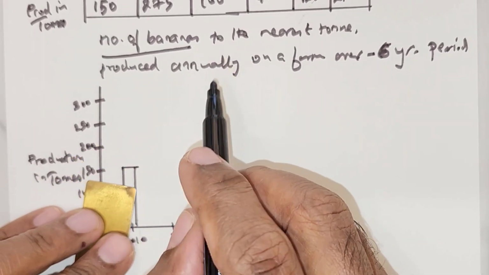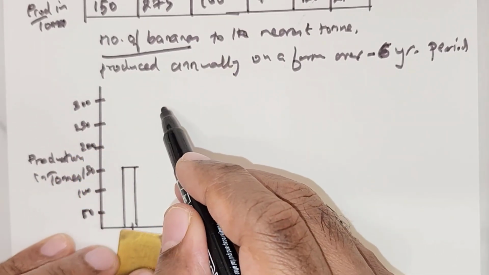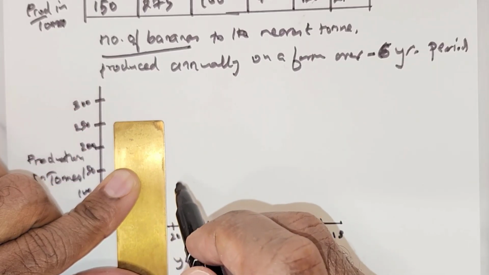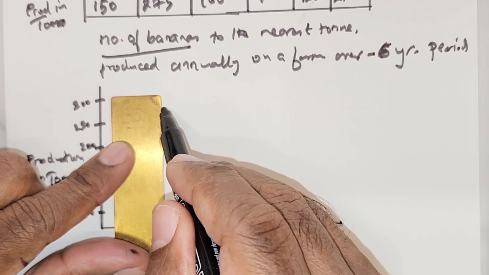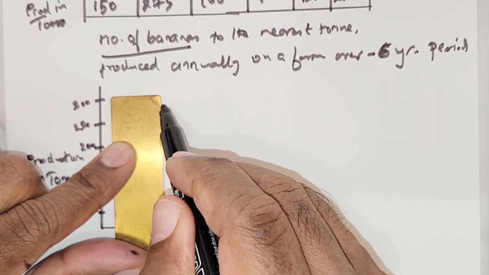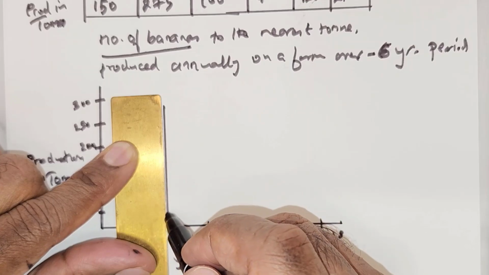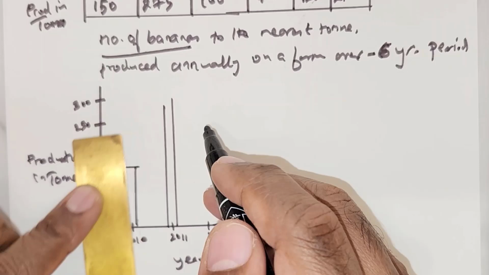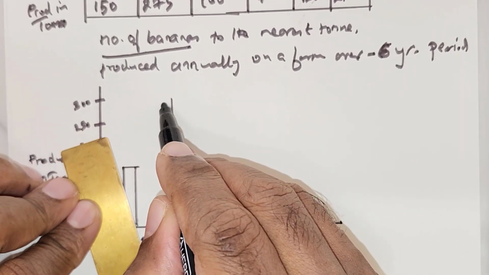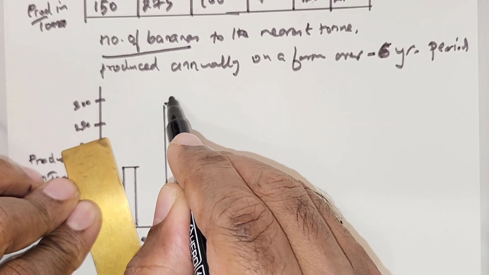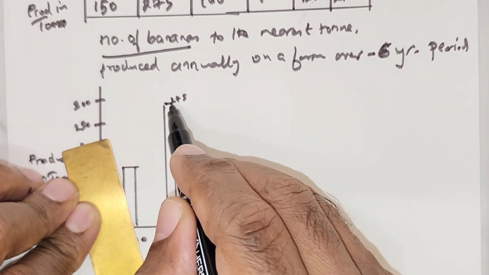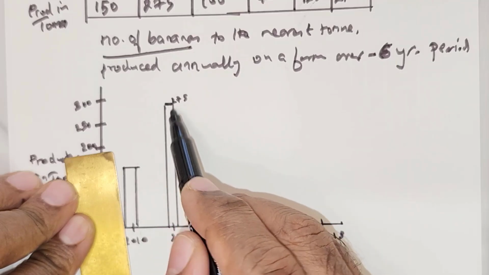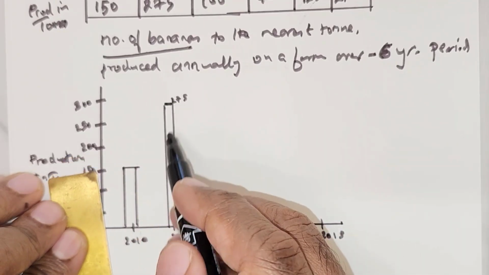And 2011, 275 will be somewhere over here. So you take a small point here, a small distance away, and go all the way to 275. Okay, so this should be 275. I'll write it as 275. You don't have to write it, but because there has been a slight overlap there.